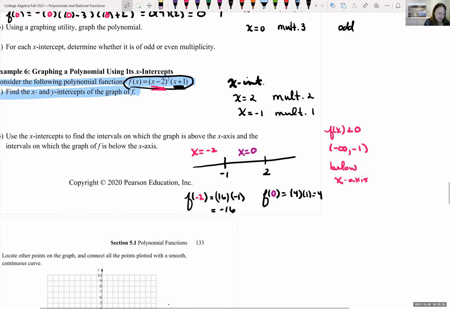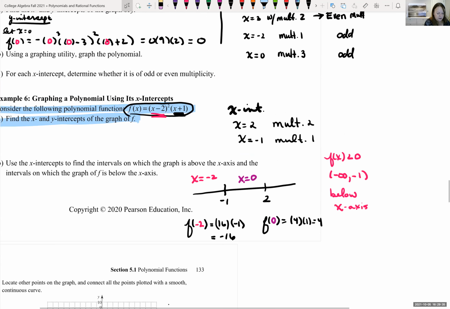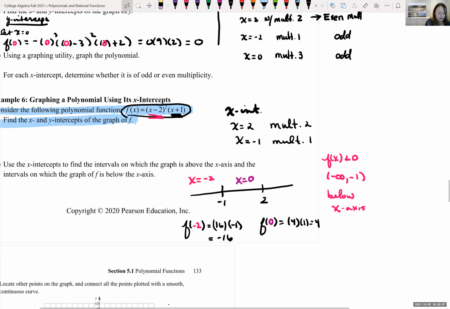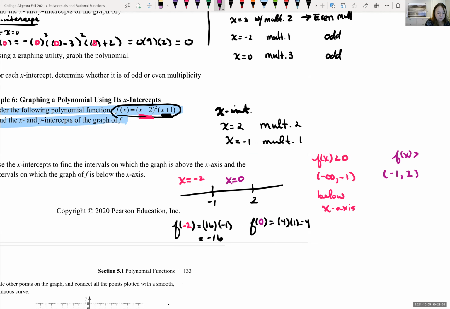So negative 1, 2, our graph is above the x-axis. So our y value, f of x, is greater than 0. So one more value, something bigger than 2. How about x equals 3?